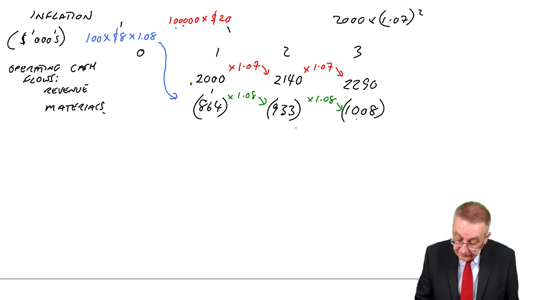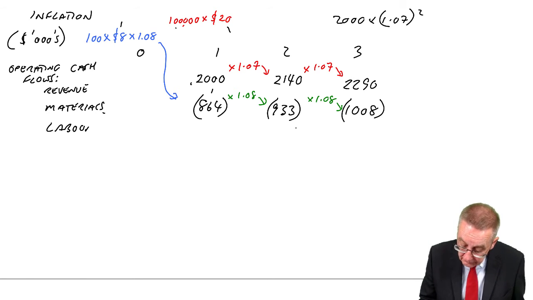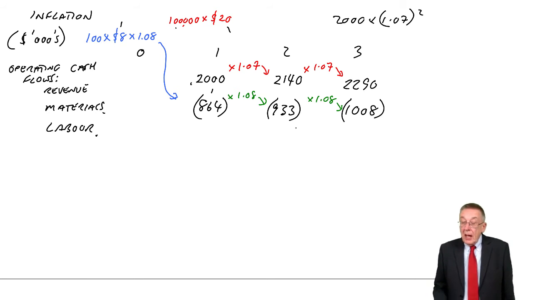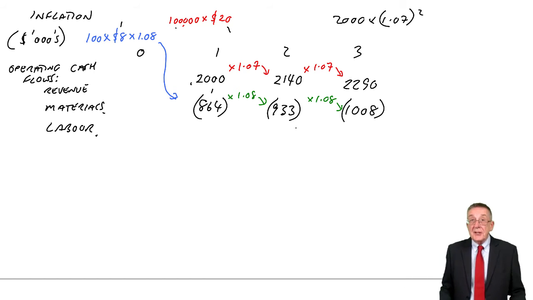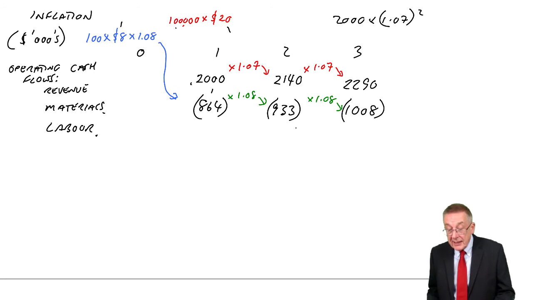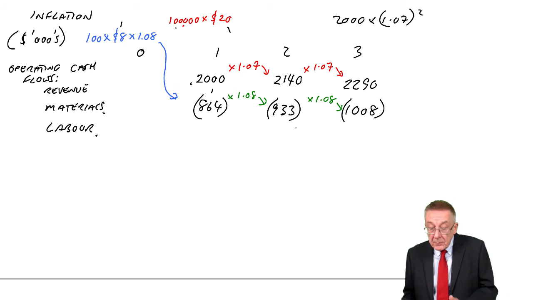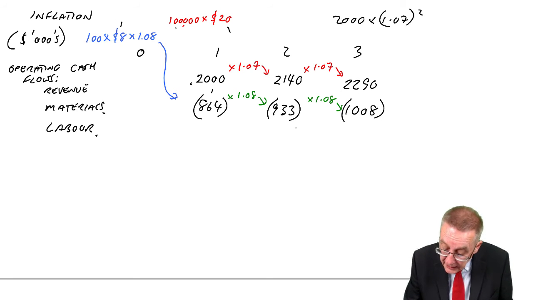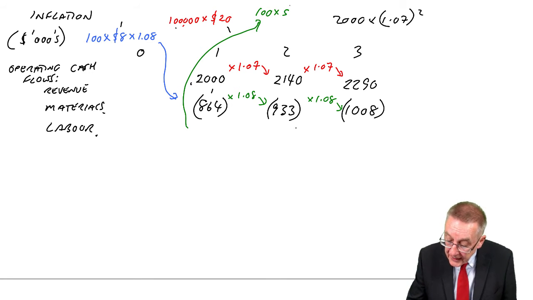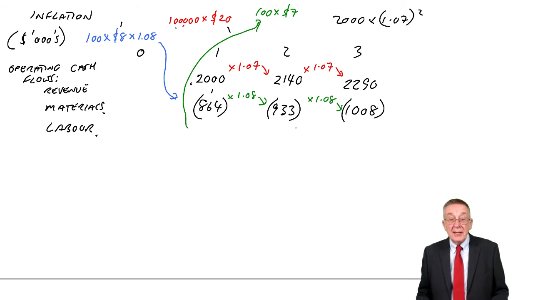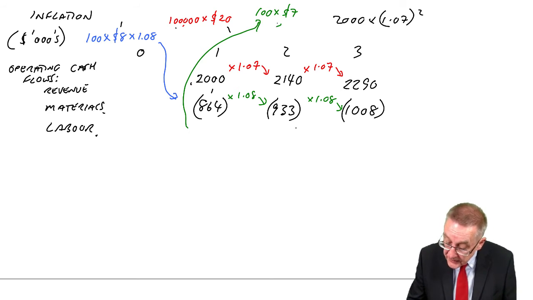What about labour? Well, again, labour, it's $7 a unit, but it's at current prices. The first payment is in 1 year's time. If it's at current prices, there'll be 1 year's inflation. So 100,000 units, $7 at current prices. But what's the inflation rate? For labour, it's 5%.